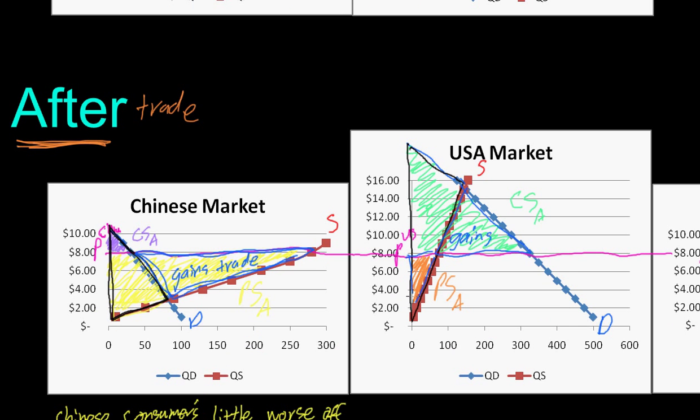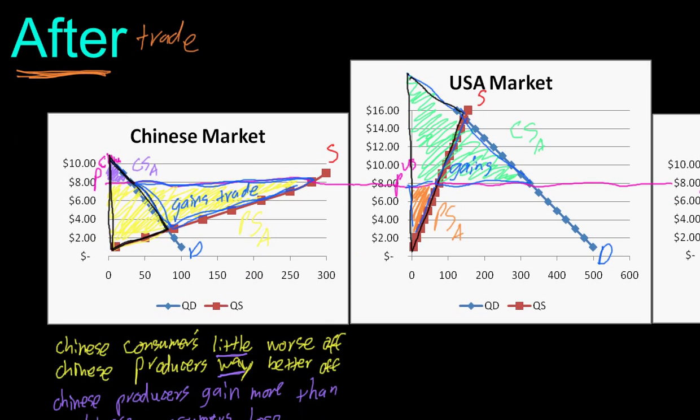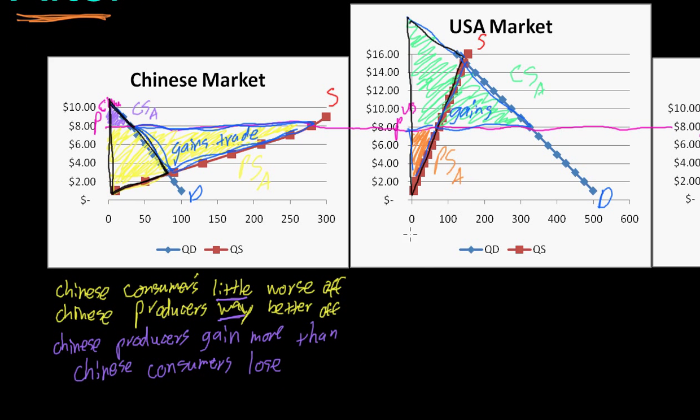And if this is going too slow, feel free to skip it, but I think it's important to actually write this down. So the US producer is actually going to be a little worse off because the price of toys fell. Sorry, US producer is a little worse off.